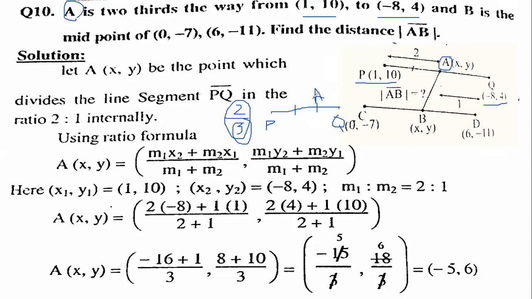On the left of this A, we have 2 equal segments. So from P to A, we have 2 equal segments, so our m1 becomes 2. And from A to Q, we have only one segment. So m2 becomes 1.